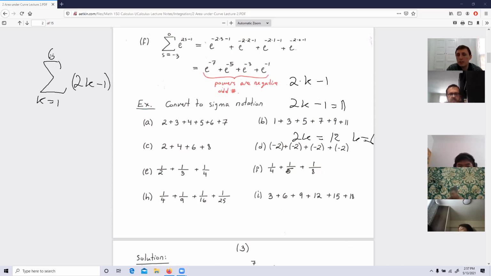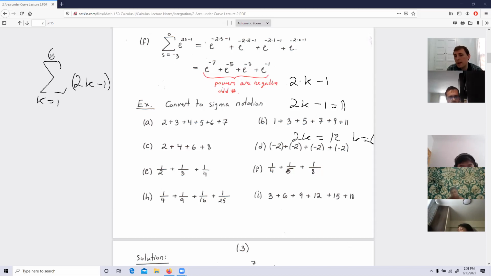Did you understand what I just did here? Those are not consecutive numbers. Those are consecutive odd numbers: 1, 3, 5, 7, 9, 11. I can represent an odd number as 2 times a number, because 2 times a number makes it even, minus 1 makes it odd. So 2k minus 1 goes through all odd numbers.